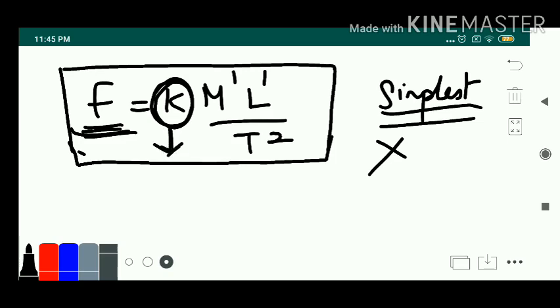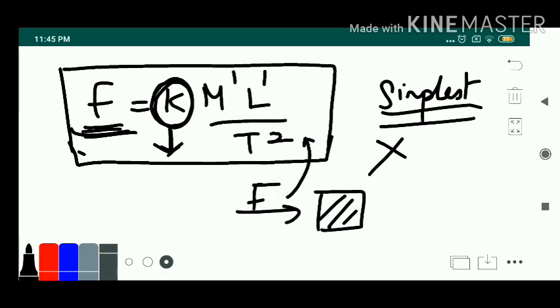So if there is a block and I am applying a force, that force has this equation, which you have learned earlier. You might have a confusion now. We'll do a simple question next, then you will understand very easily how the problem is done and why we are doing this type of question.